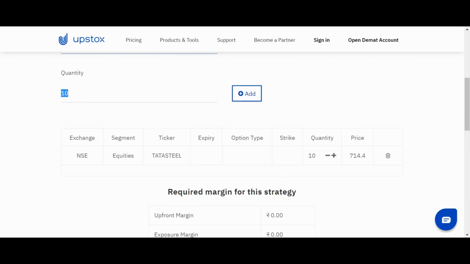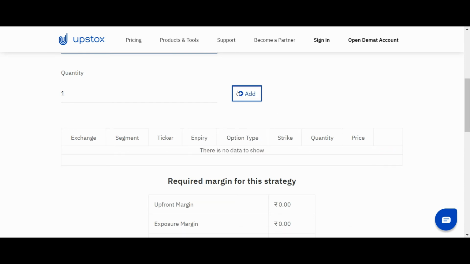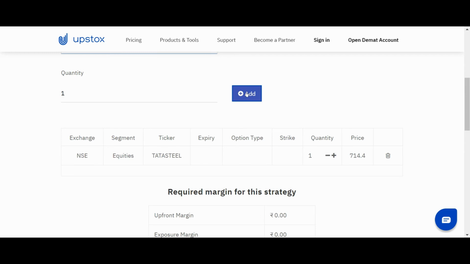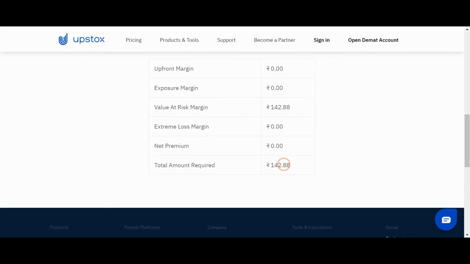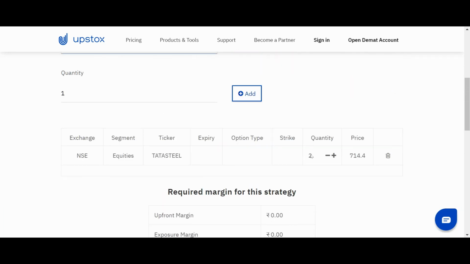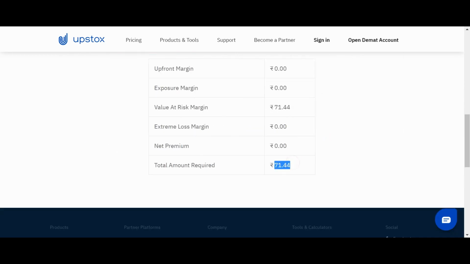As I have said, if I purchase one quantity, let's delete it, let's add. Okay, so if I purchase one quantity, I don't need to pay the whole amount. I have to pay only, sorry, one quantity, I need to pay only 71.